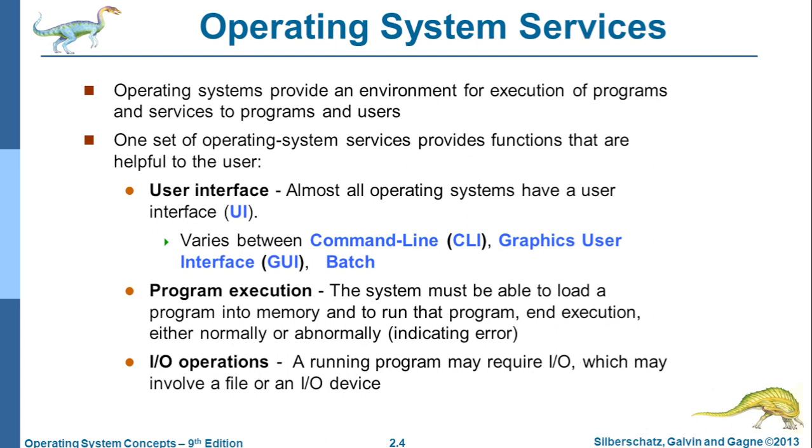So this operating system provides an environment to programs or services of a program for users, right? So it provides an environment for execution of programs and services. It is used as a user interface.